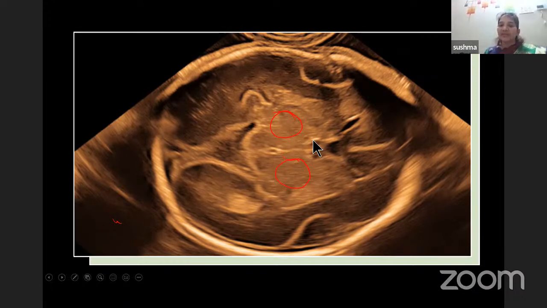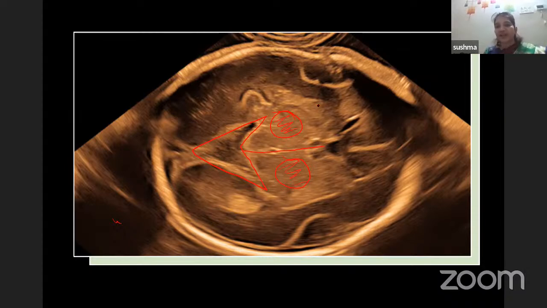But commonly we all remember transthalamic plane by this arrow sign. So when we get this arrow sign here, that is when we decide that it is in transthalamic plane, because thalami actually are not having any feature.